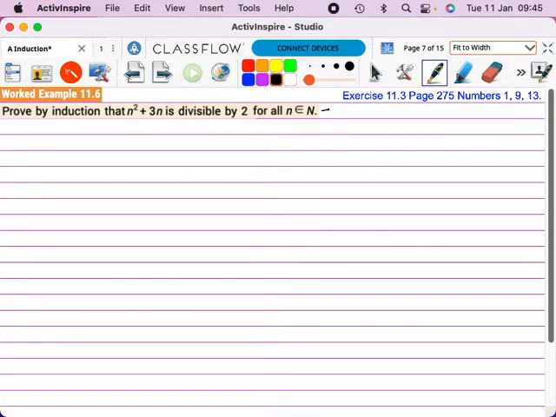Once again, we know that the smallest value of n is going to be 1 because we are allowed to pick n from the set of natural numbers. We know from the previous one that we can let f of n, well, we have to, let f of n equal n squared plus 3n. Step one actually says show true for the smallest value of n.